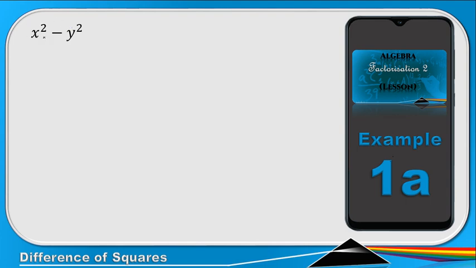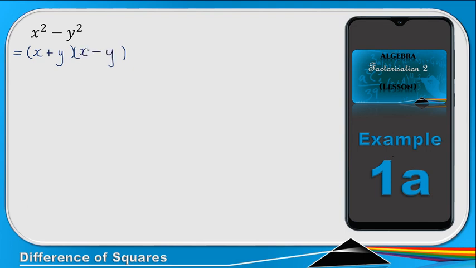Okay, so since it's difference of squares, we've got two brackets, and in the first bracket we simply put the square root of the first term, and then plus the square root of the second term. And then we do exactly the same in the second bracket, except we have a minus. So we've got x minus y.